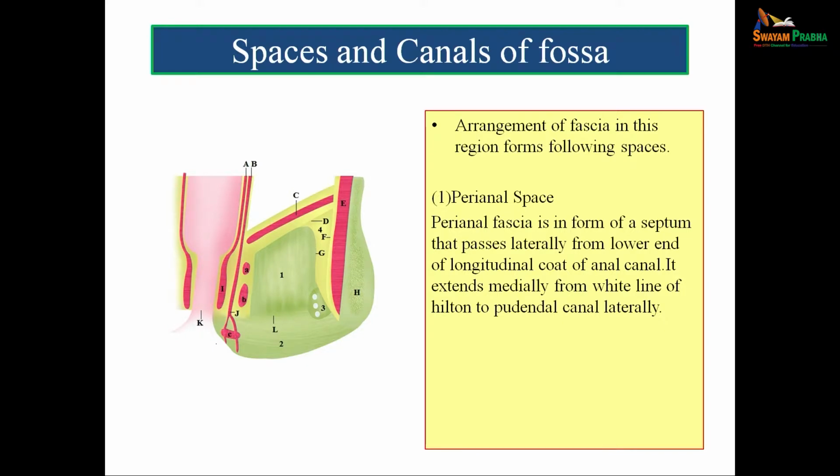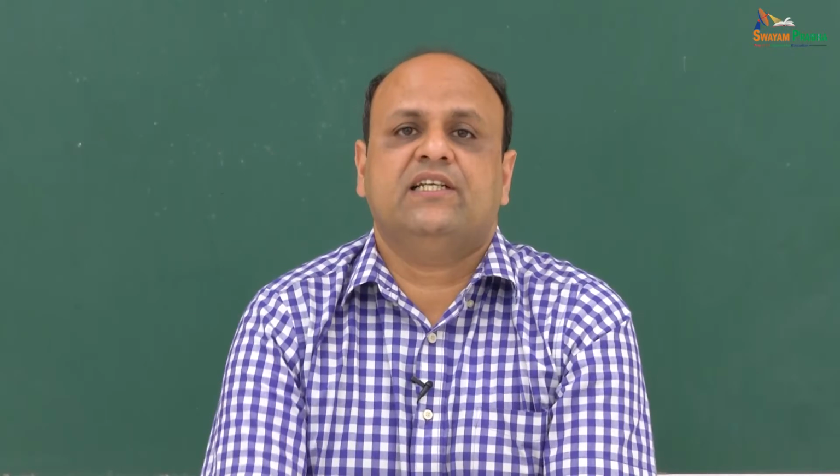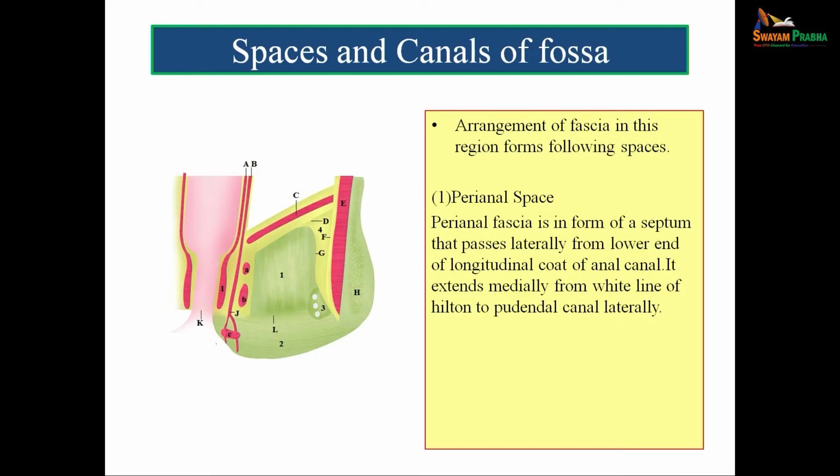For that, I will take your attention to this section of the ischiorectal fossa once again. If you see, in relation to the rectum, there are 2 markings A and B. A is the inner coat, B is the outer coat. Inner coat is the circular coat, outer coat is the longitudinal coat. That longitudinal coat comes down and this perianal fascia passes laterally from the lower end of the longitudinal coat.